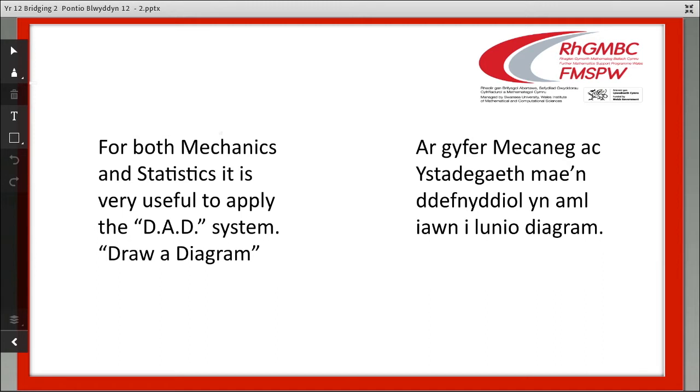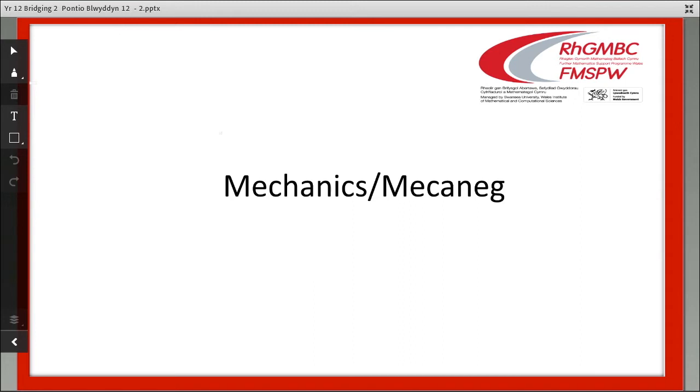When you've done hypothesis testing in statistics, if you've drawn a sketch of a normal distribution and marked the critical value, it's very easy then to see whether you're in the region that says you should reject or you're in the region that says you should not reject. So it's always very useful to have a look at the diagram. It doesn't have to be accurate, you don't have to use a ruler, but it just gives you some guidance.